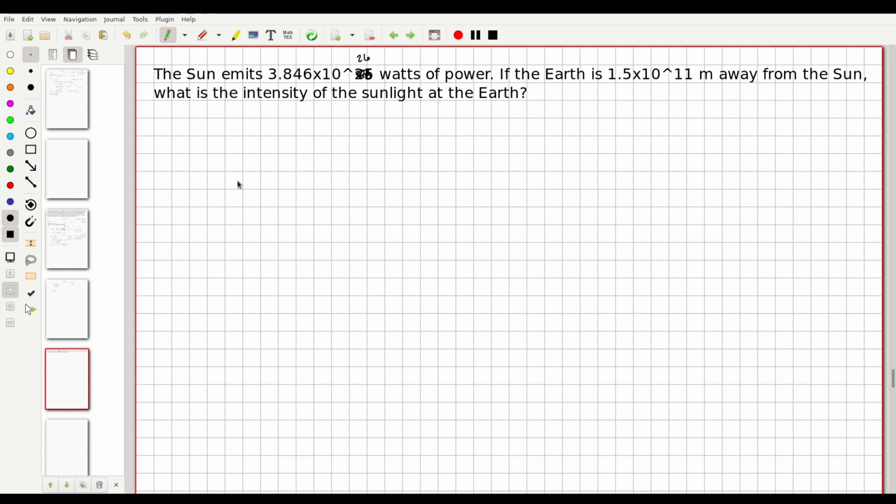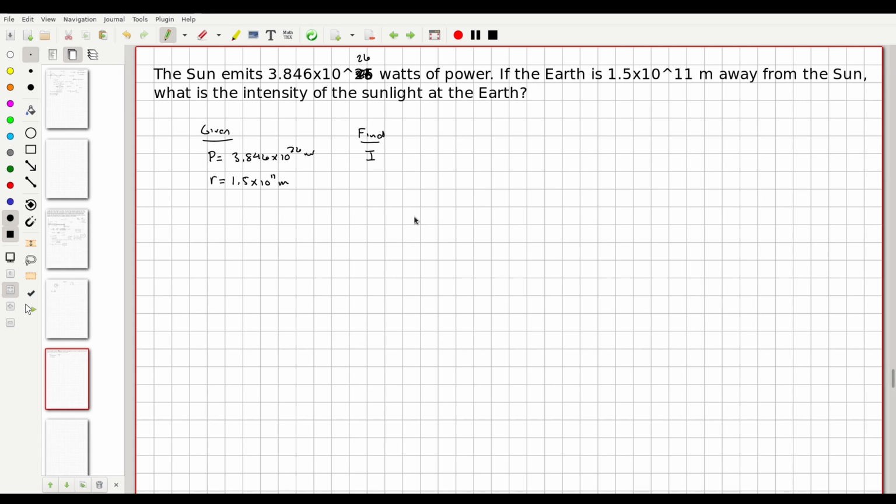Okay. Now, we have been given the amount of power that the sun puts out, which is 3.846 times 10 to the 26 watts. We're also given how far away the sun is from the Earth, which is 1.5 times 10 to the 11th meters. What I'd like to find here is the intensity. Now, the sun, like I said, is a sphere.